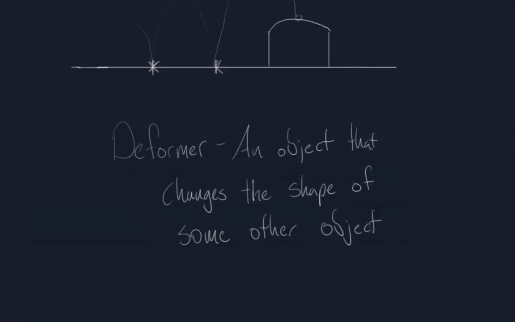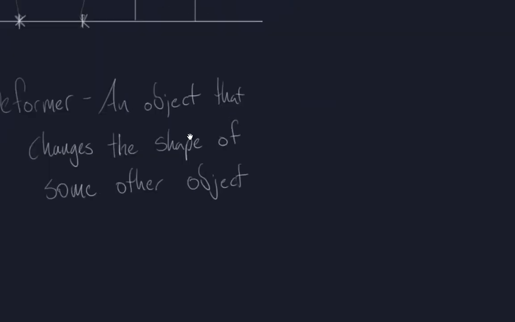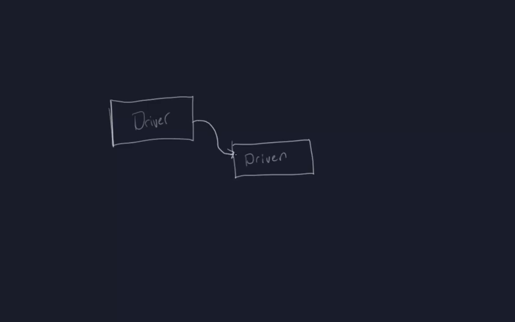Let me do a quick diagram. When we're using the connection editor the way we've been doing it, we have our host and slave, or master and slave, however you want to do it. Driver and driven, if you want to take the SDK route. So this would be our driving object, and then we have our driven object. We can send data from any attribute over into any other attribute.